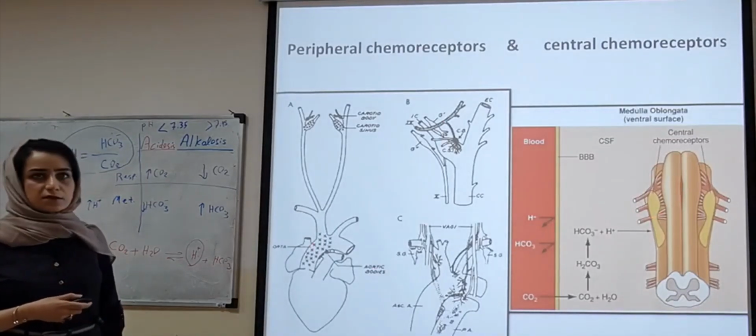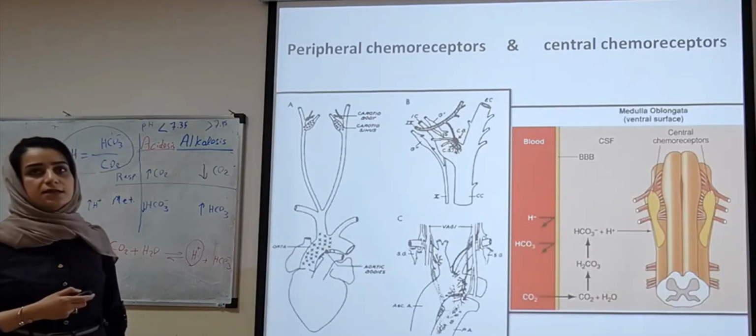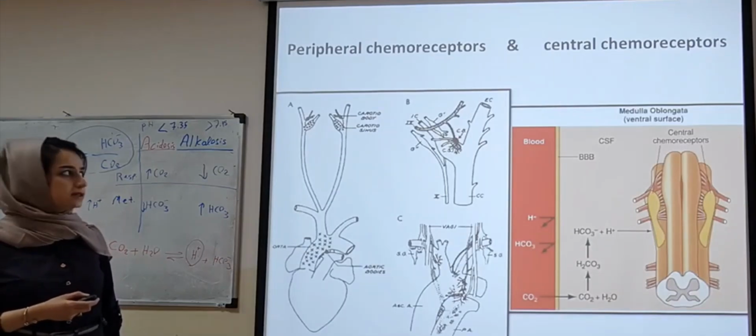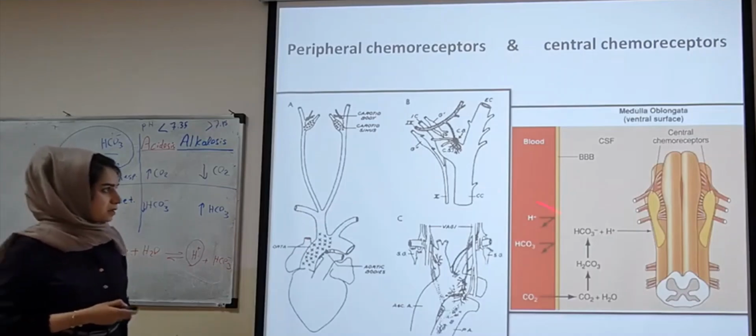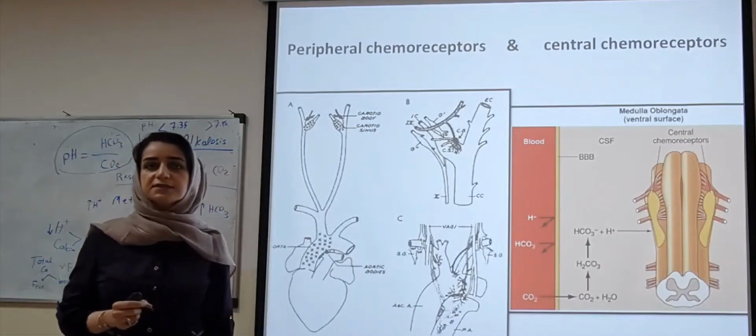Why do we have central and peripheral? Each is responsible for a certain level and certain type of chemical abnormality. The central chemoreceptor senses CO2 abnormality.